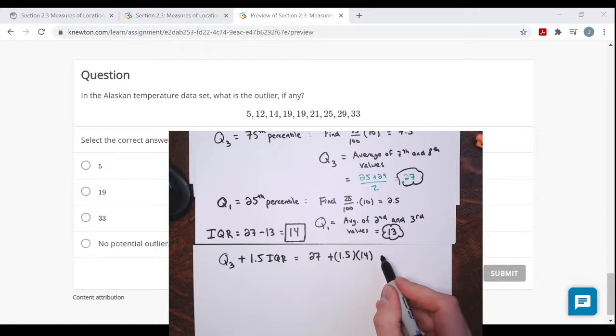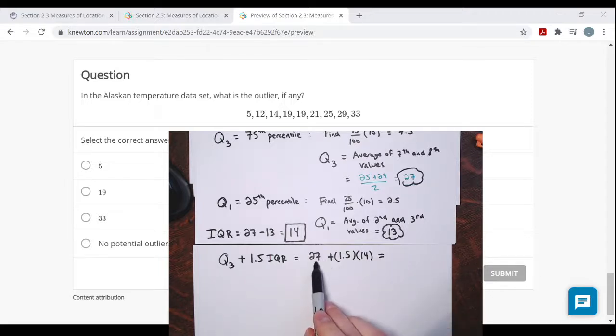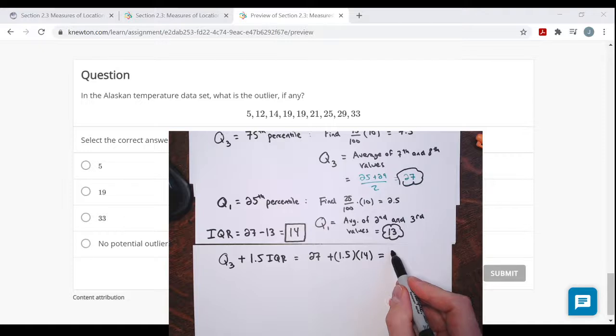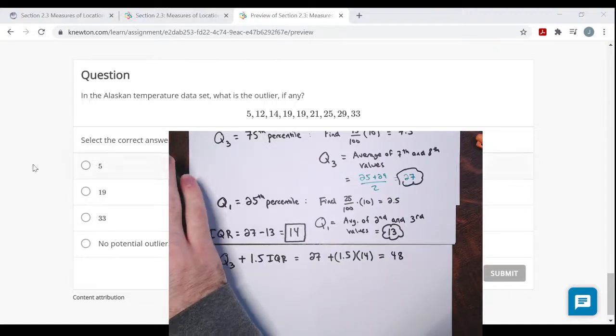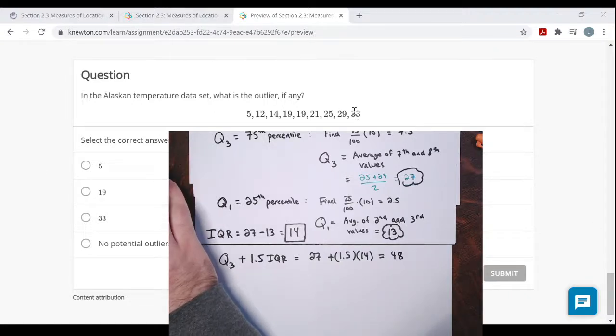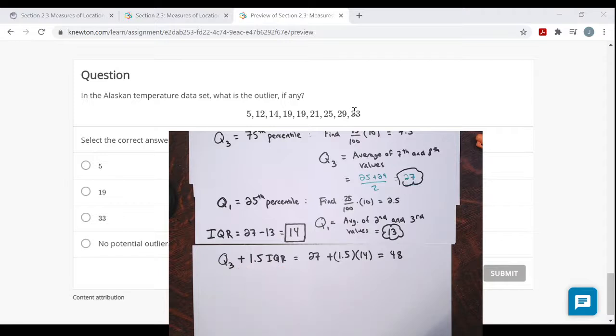That's 27 plus 21, which is 48. Are there any numbers in this list greater than 48? No, 33 is the highest. So there aren't any numbers greater than Q3 plus 1.5 IQR.